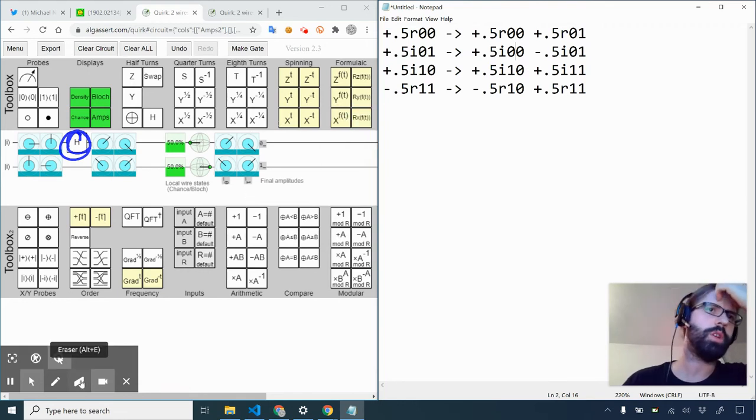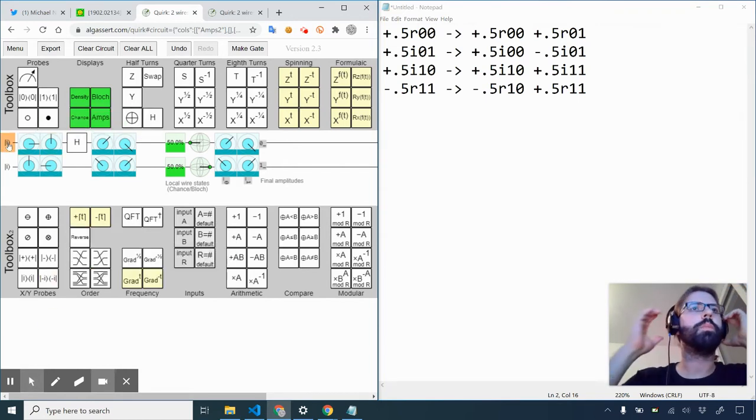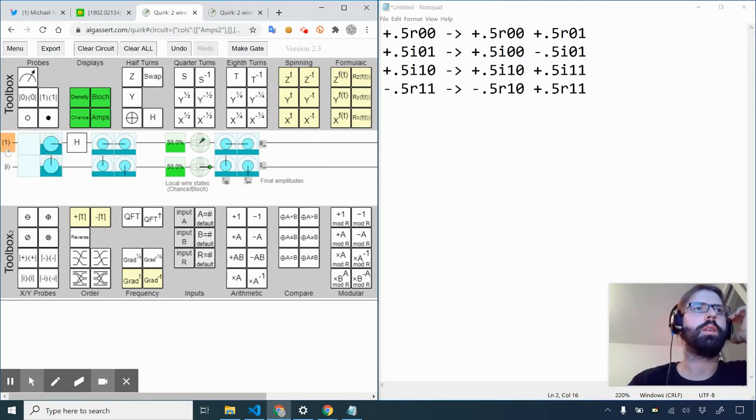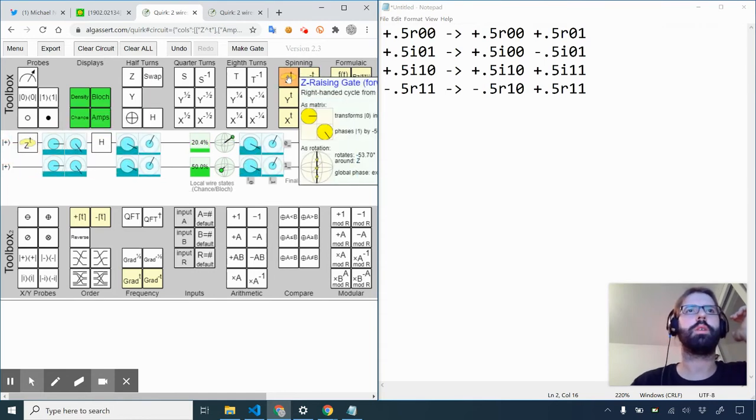My question here would be, is there a way to get destructive interference other than, what if we would get into the plus state in here, and I know there's destructive interference, and now we would apply the spinning gates.